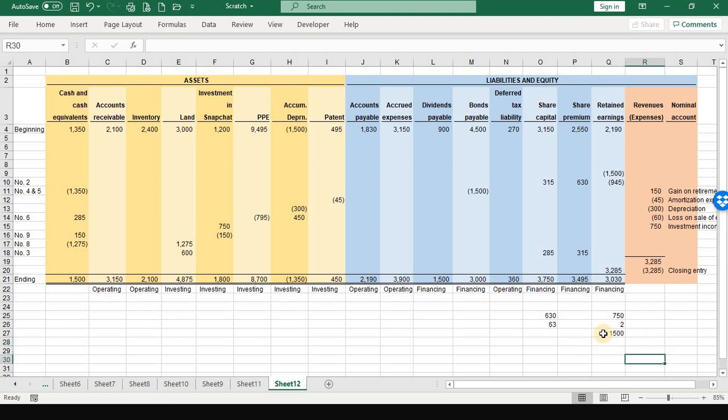So this means that the 1,500 dividend that is given to the 750 shares is the additional transaction we needed in order for us to have an ending balance of 3,030 pesos. So that's why the entry to record is debit retained earnings 1,500. Of course, the credit is dividends payable.